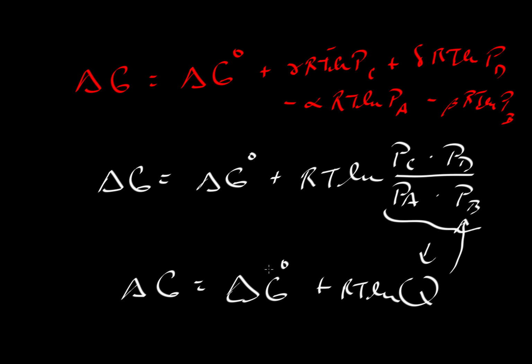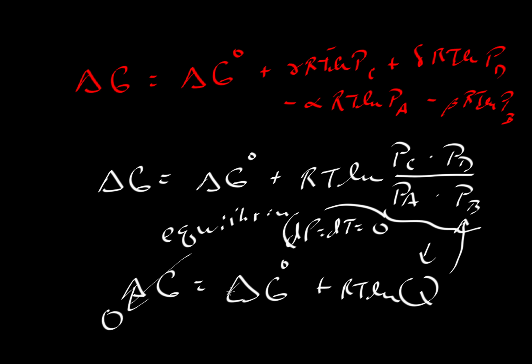But what we're interested in is the special case when the system is at equilibrium. If it is at equilibrium at constant pressure and temperature, so dP equals dT equals 0, then at equilibrium delta G goes to 0, and all we're left with are these two terms. When delta G on the left is 0, that's when Q becomes KEQ.